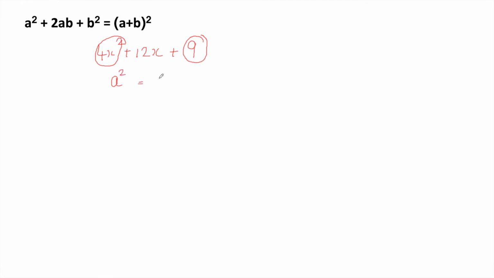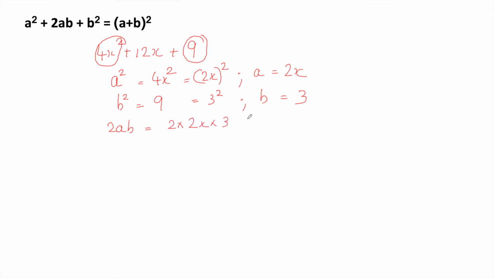a square is equal to 4x square. Again we can write 4x square as (2x) the whole square. Then a is equal to 2x. Same way, b square is equal to 9. 9 we can write as 3 square, and b is equal to 3. Check 2ab. 2ab is 2 into 2x into 3, that is 12x.